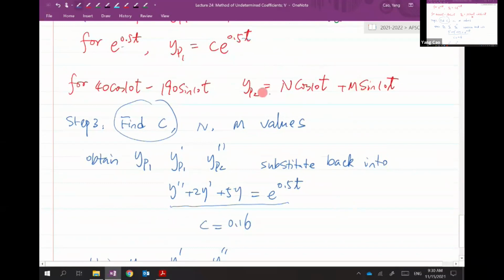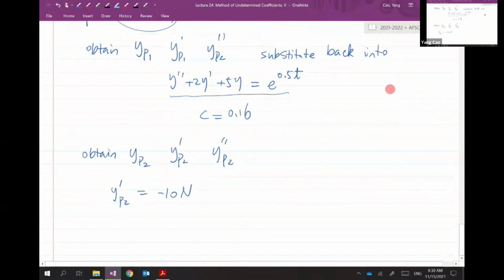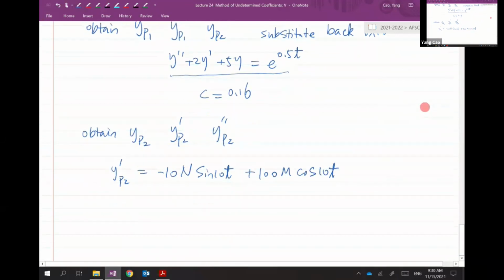So YP2 prime, okay, so this is your YP2. Its first order derivative gives you negative 10a sine 10t plus 100m cosine 10t. Okay, that's your YP2 prime. YP2 double prime is a derivative calculated based on YP2 prime.